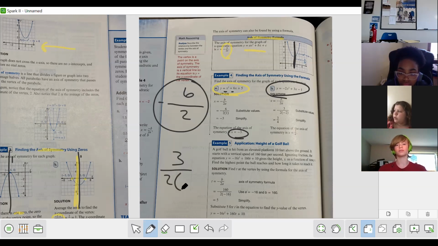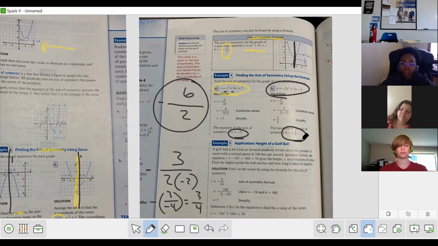So what's twice -2? -4, and the opposite of that. So I get the opposite of 3 divided by -4, which is 3/4. My axis of symmetry is 3/4. And that's just your up and down line where your parabola goes around it.